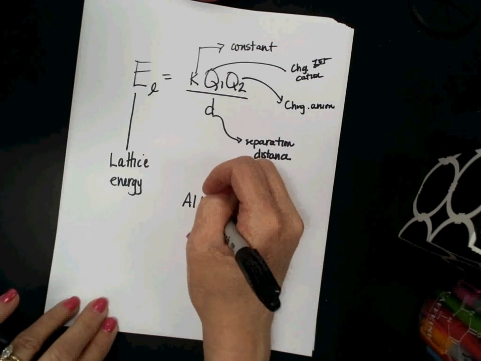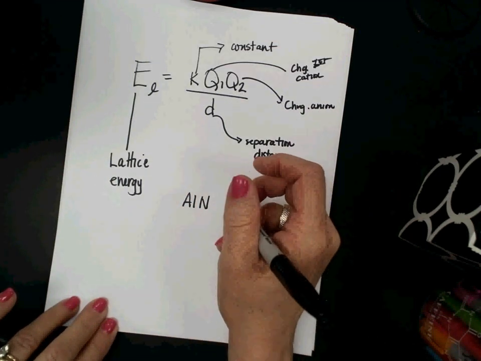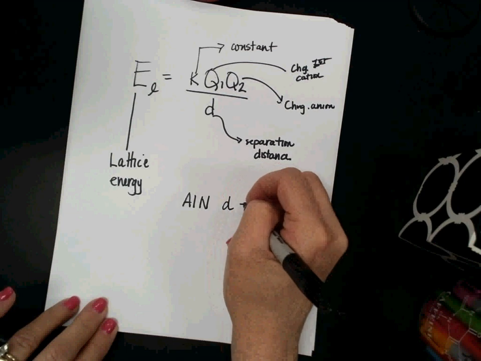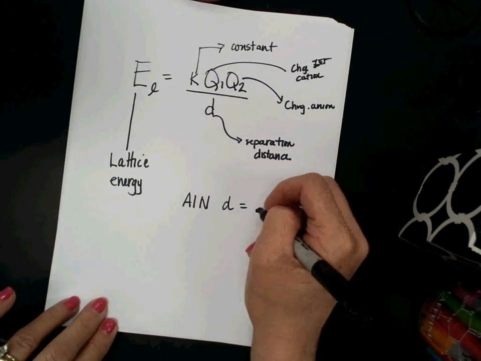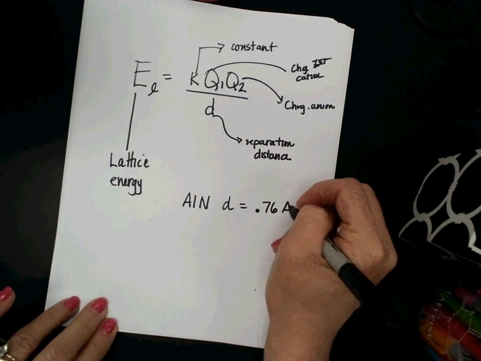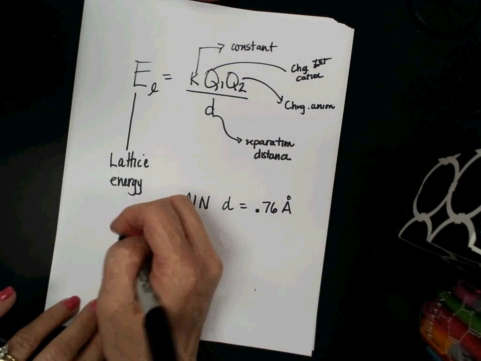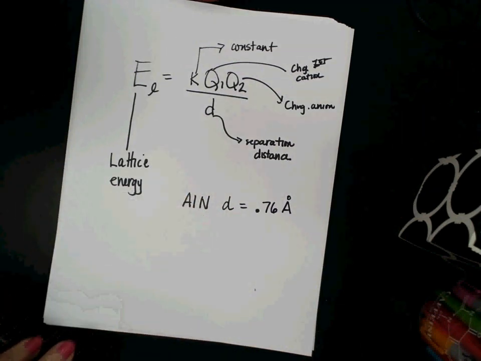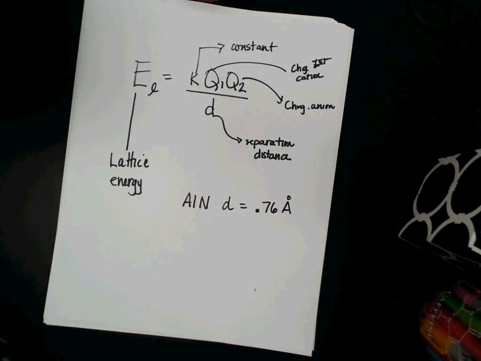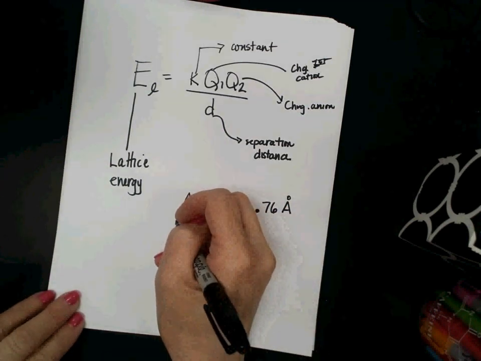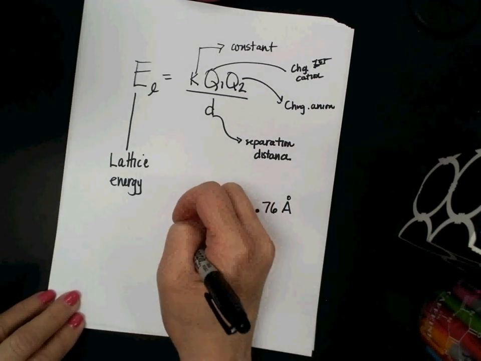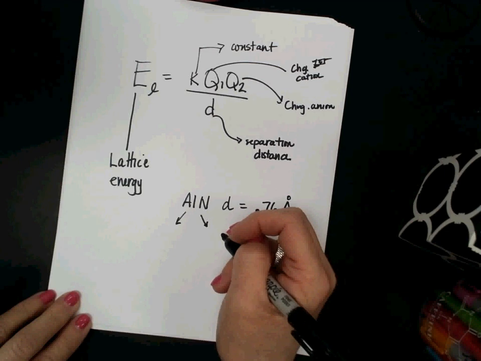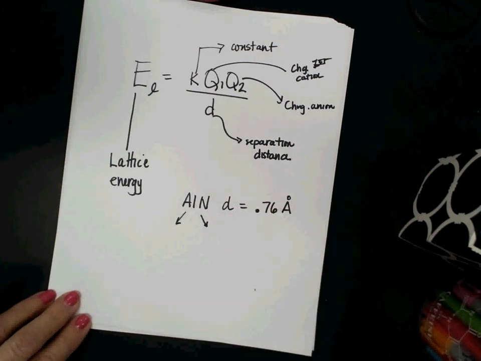Like, let's say I had AlN, and my D was equal to 0.76 angstroms. What's my charge on aluminum and nitride?